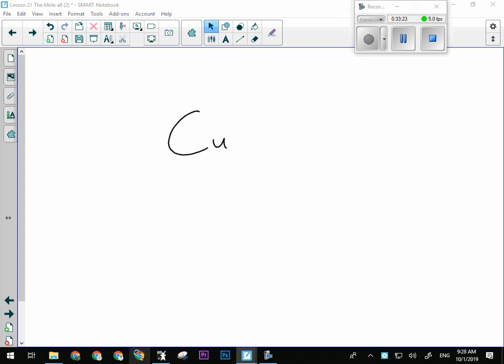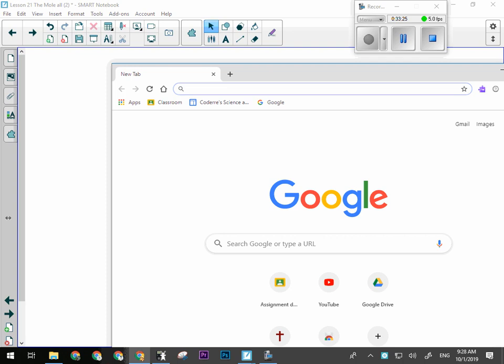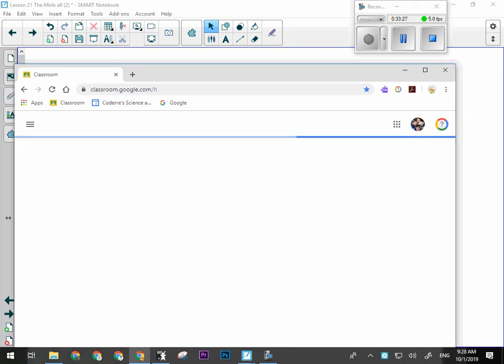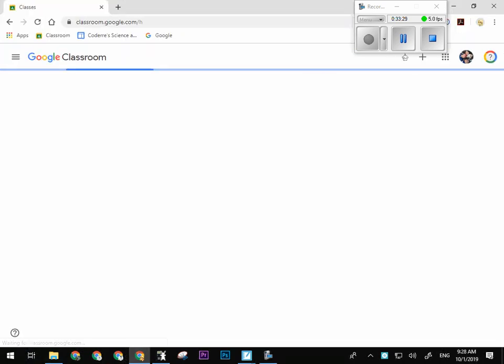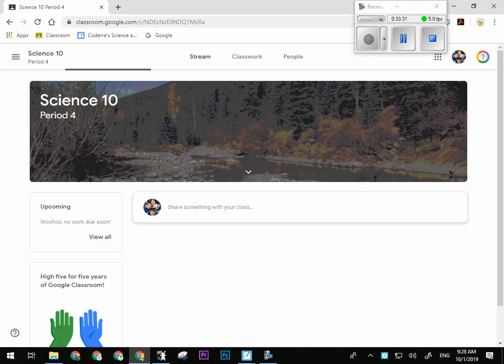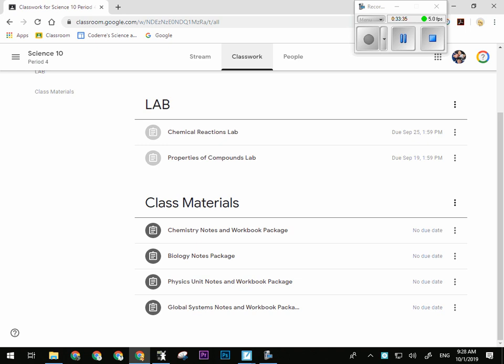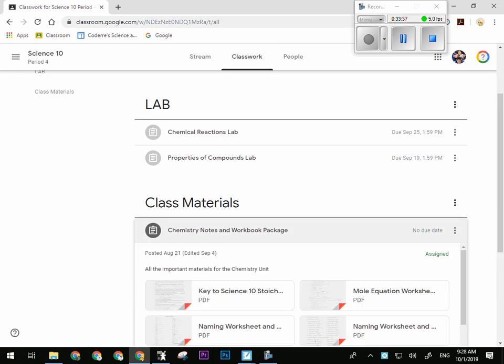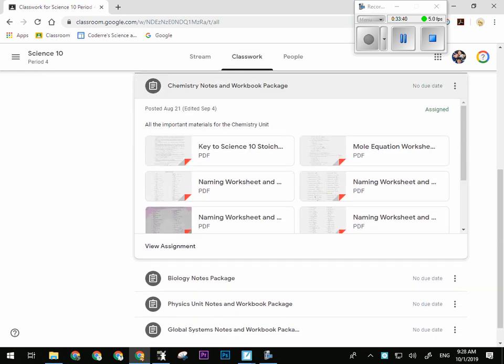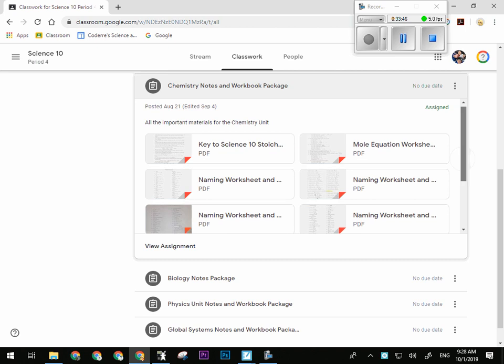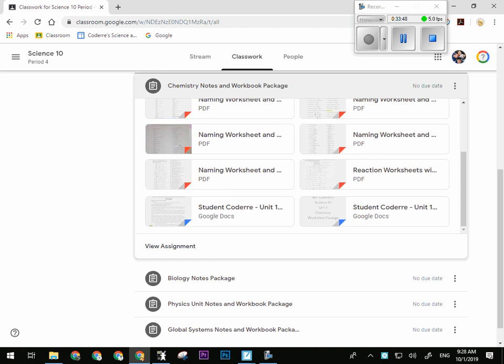Okay, what I want you working on right now is some of the mole equation stuff out of the digital workbook. If you go to Google Classroom, under classwork, chemistry notes and workbook package is where you want to go. This is the key for the mole equation worksheets, the PDF document in the top right, but obviously you don't want to be looking at that until you've tried a few of them.